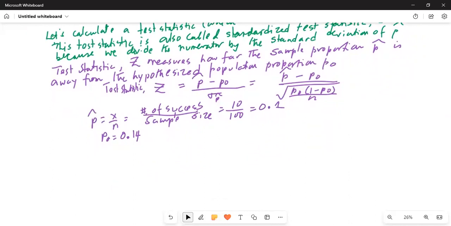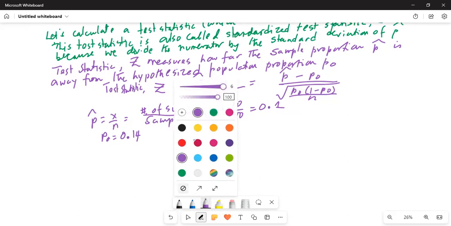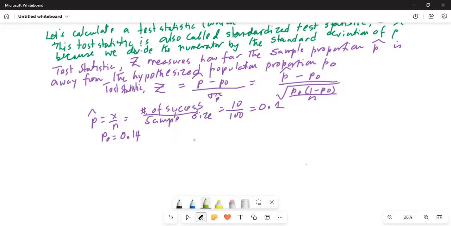So the null hypothesis is, if you read the problem statement, let me bring it down a little bit.